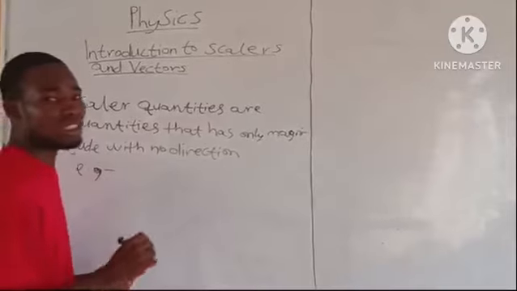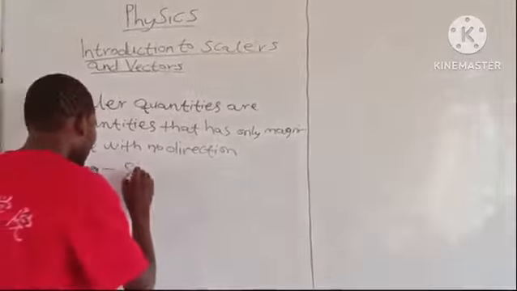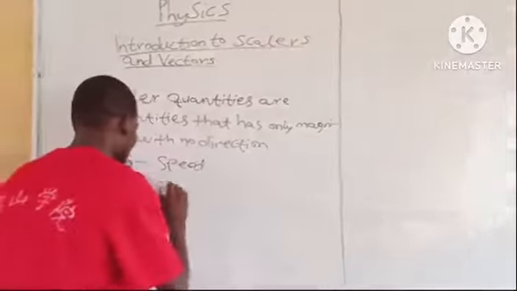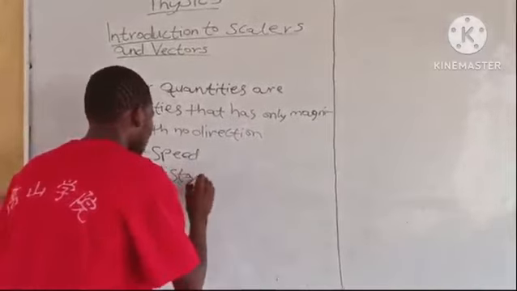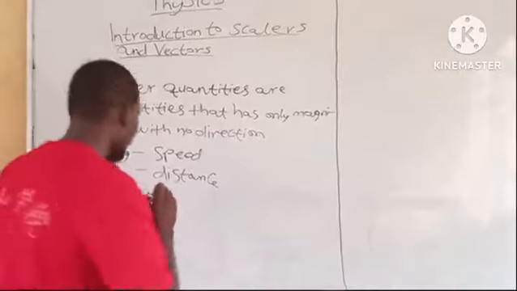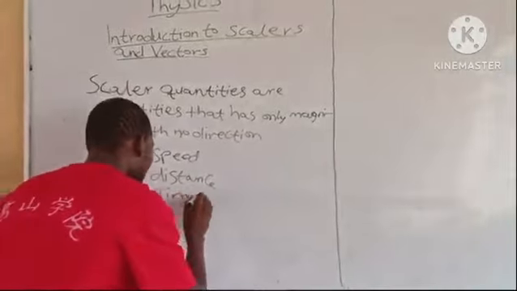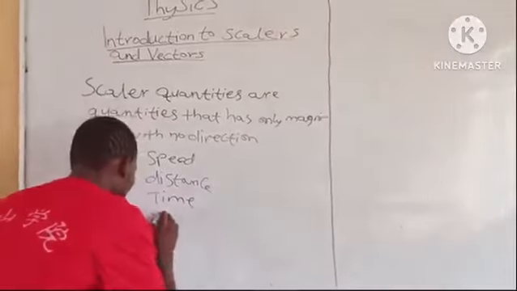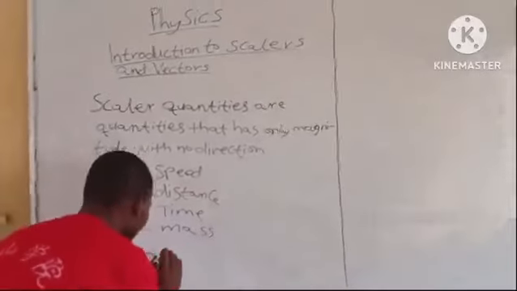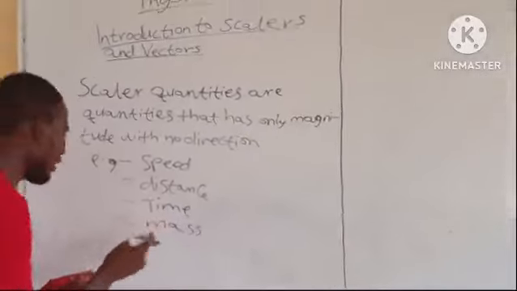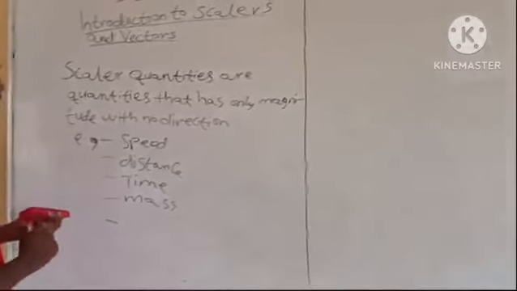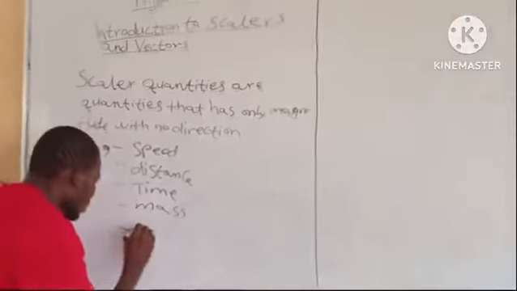Examples of scalar quantities are speed, distance, time, mass, length, and we also have temperature.